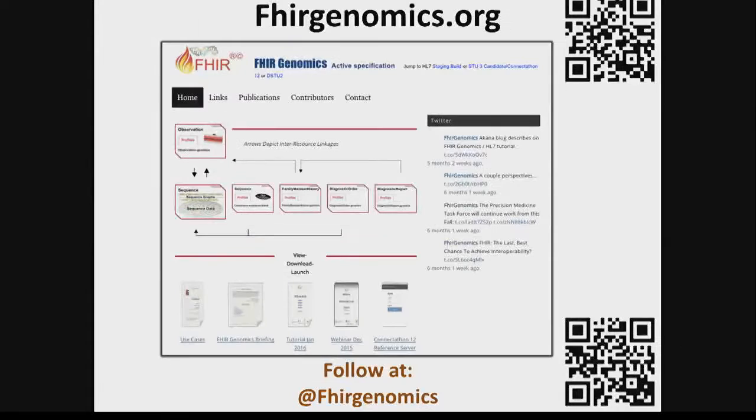All right, so then I just wanted to say that there's a website where you can check out a lot of the work that's been going on, both pointers to the actual specification on HL7, and it shows how all the different profiles and resources are linked together, as well as some documentation and information that is now going into the specification that describes the different use cases, a tutorial that we did, as well as a reference server that you can try online, or you can download a virtual machine and try that on your own, including all the source code to the server, as a sandbox environment.